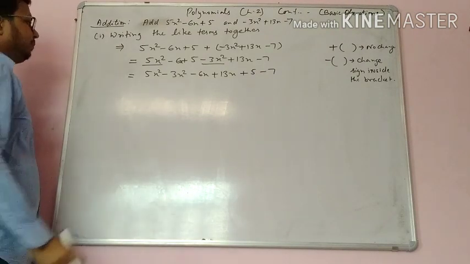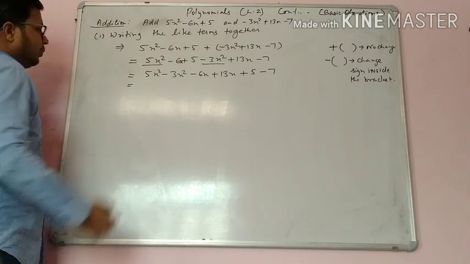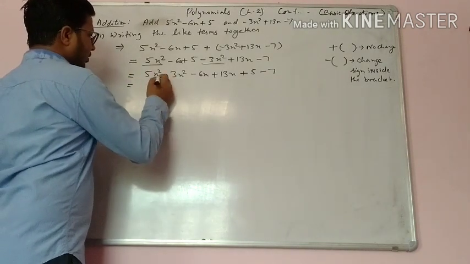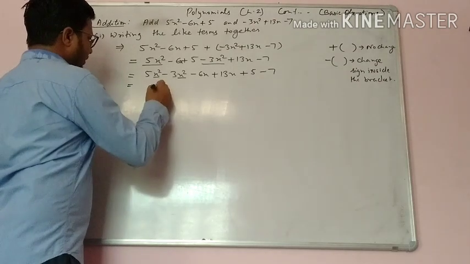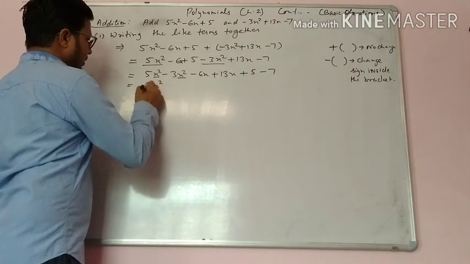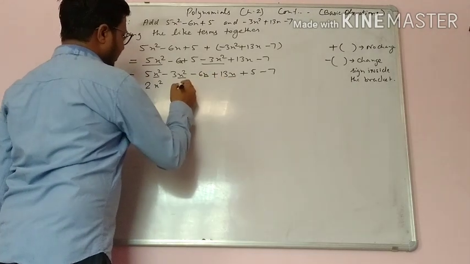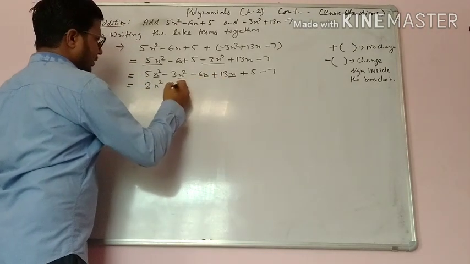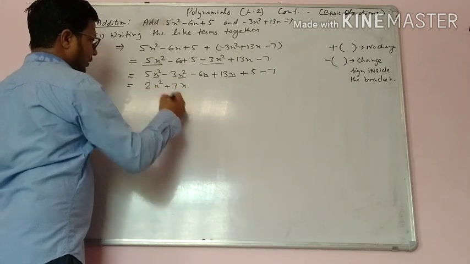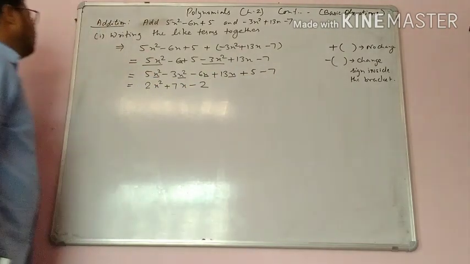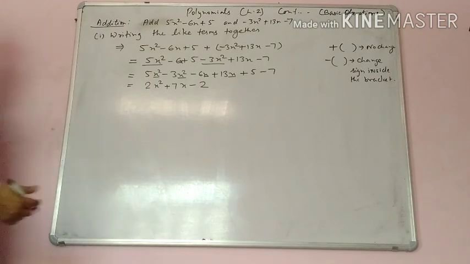Now if we do the subtraction, the variable part will remain the same: x square, 5 minus 3 is equal to 2, and here also the variable part will remain the same, x, 13 minus 6 is equal to 7, plus 7x, and 5 minus 7 is equal to minus 2. That is the first method.